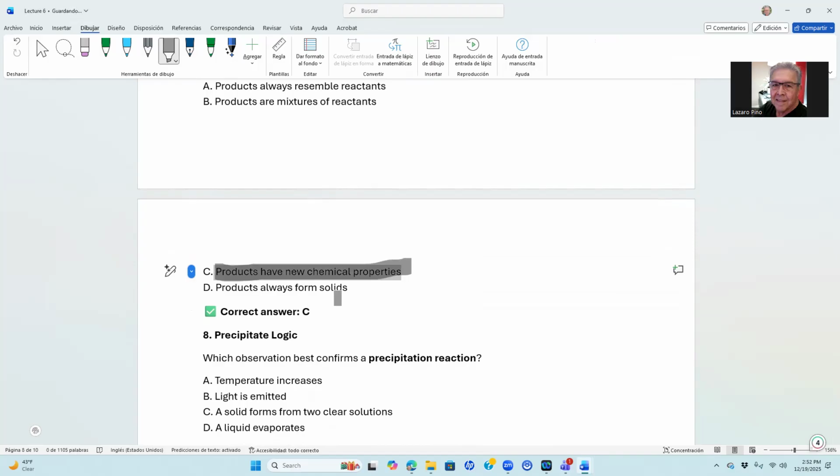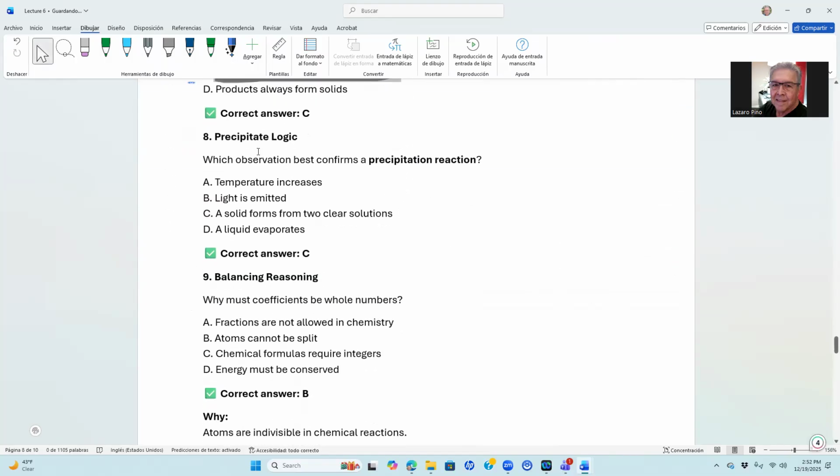Products always form solids? No, not necessarily. Then, the precipitate question. Which observation best confirms a precipitation reaction?